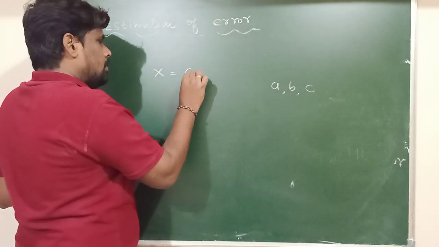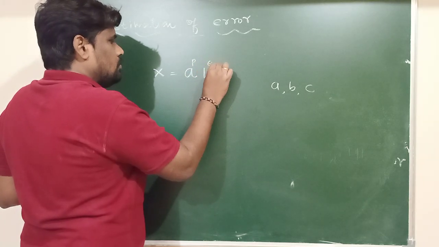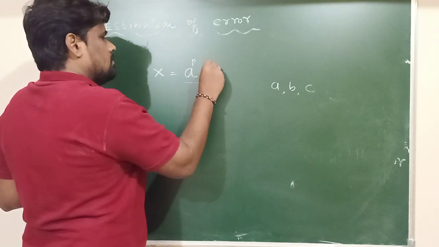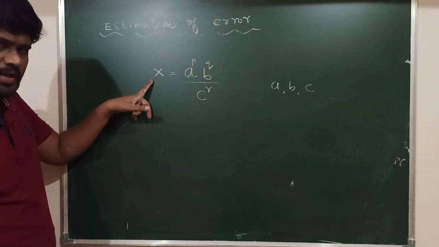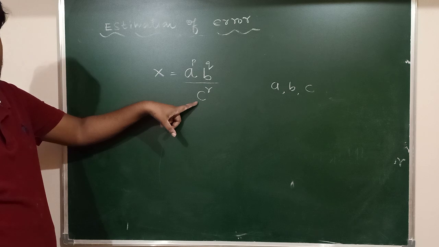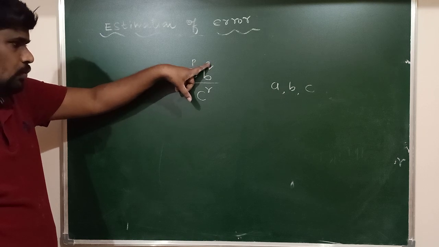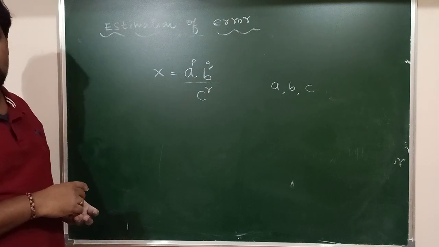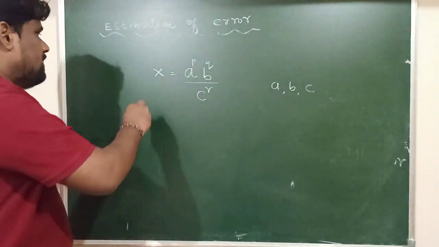That is, x depends on three more physical quantities A, B and C, in such a way that x is equal to A to the power P, B to the power Q, divided by C to the power R. Then what is the formula to calculate the maximum relative error in the measurement of x?